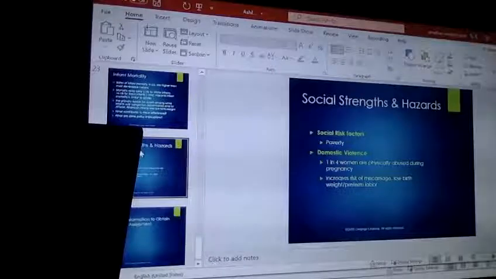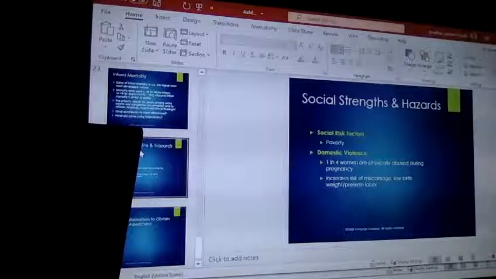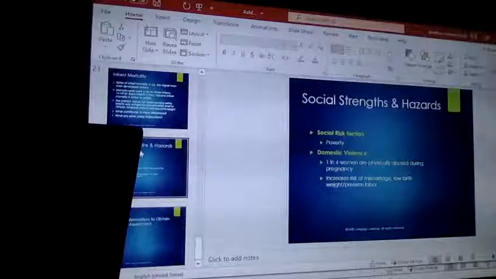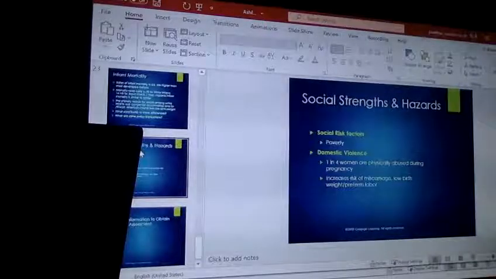Prenatal vitamins are the biggest. I don't know if you guys have ever heard that. Women should take prenatals even before they get pregnant, which is kind of weird because how do you anticipate? I guess you can.